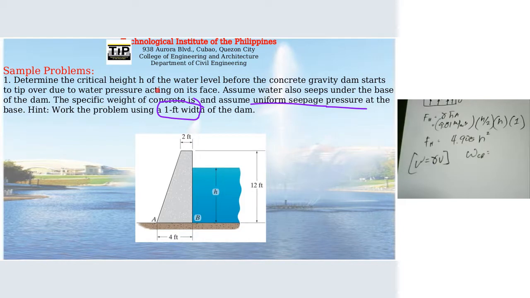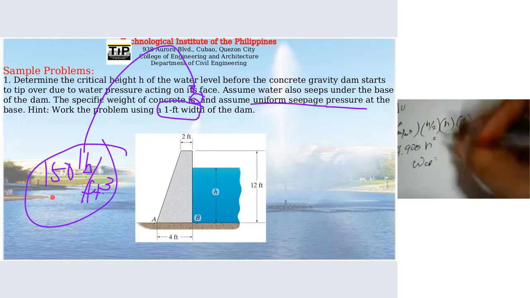It's given here. It's equal to 150 pounds per cubic foot. It's not shown here on the canvas or in BBB, but this is our unit weight.